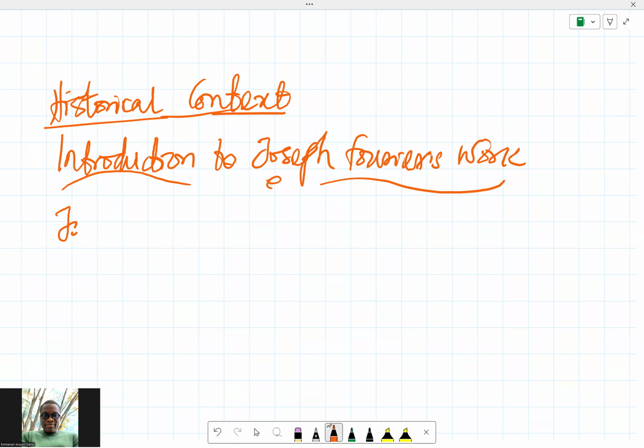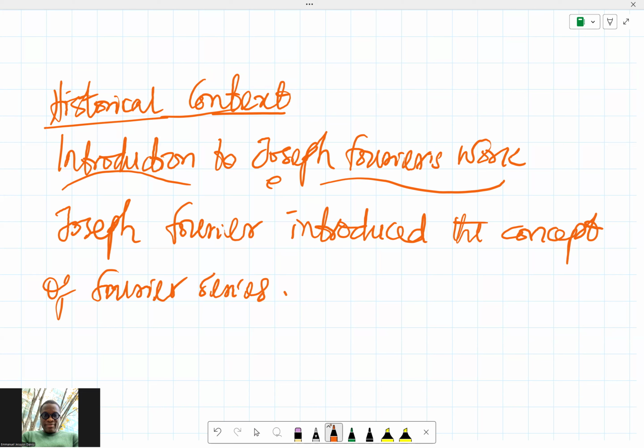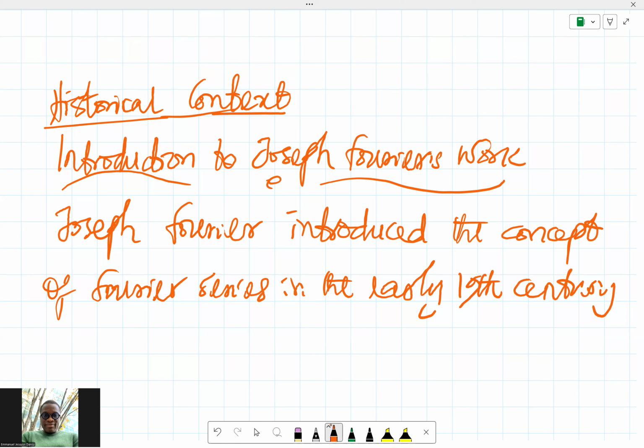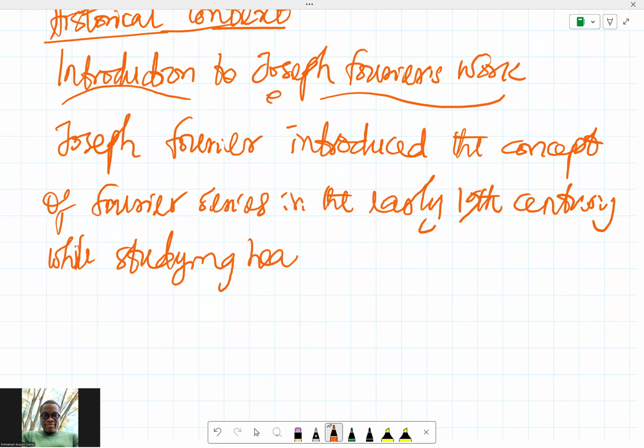Joseph Fourier, most likely a Frenchman, introduced the concept of Fourier series in the early 19th century while studying heat conduction.